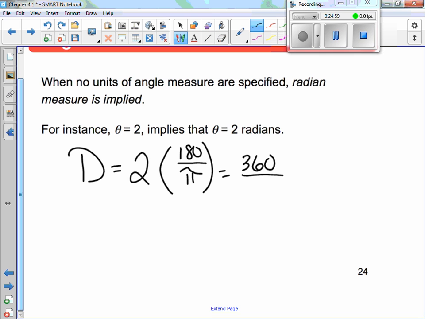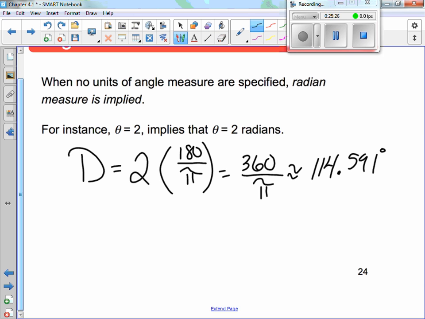I think the calculator said 360 over pi, or approximately what? degrees. And that's it. Questions on this here?